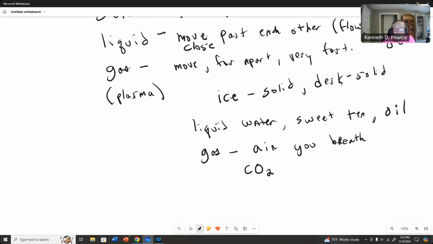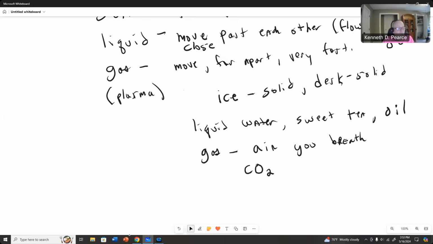Both of these are gases. The air that's around you is moving very quickly, and the particles are really far apart compared to solids and liquids. It's good to have some examples so that when you see a list, A, B, C, D, E, you're able to say what's a solid, what's a liquid, what's a gas.